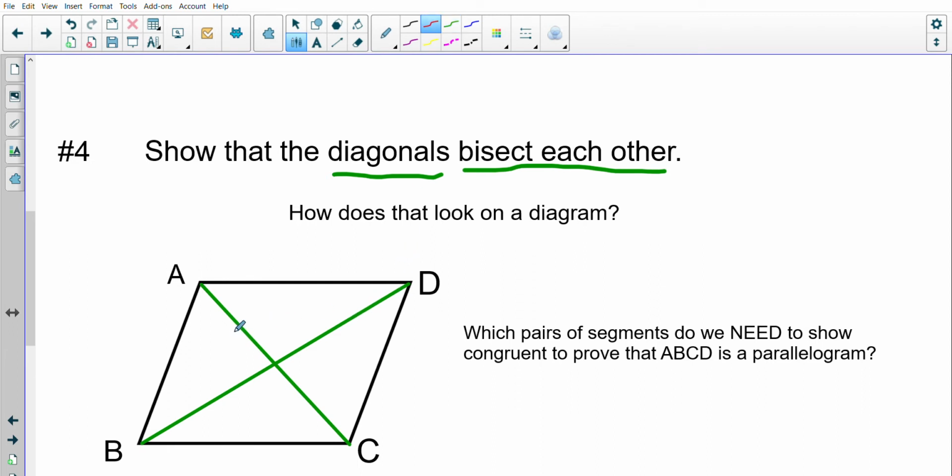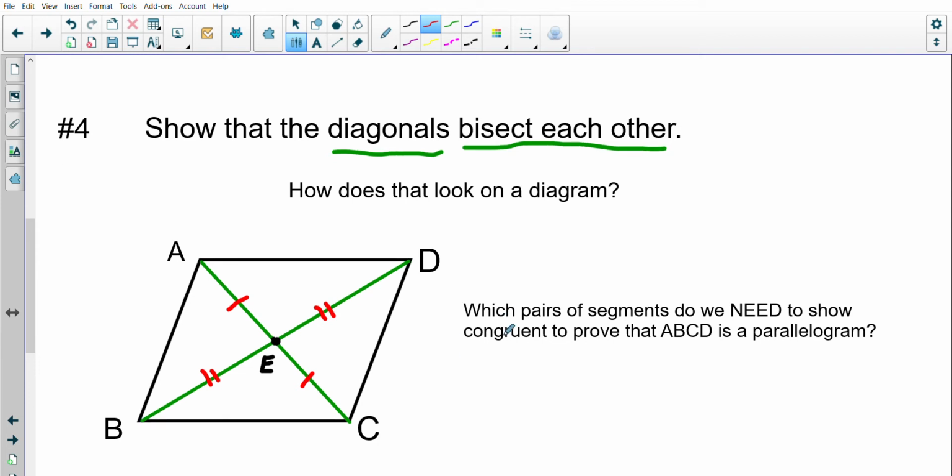Maybe I'll mark this point of intersection as point E, and put a little dot there. So if I can prove that AE and EC are congruent, and then also that BE and ED are congruent, then these conditions are met for this to actually be a parallelogram.